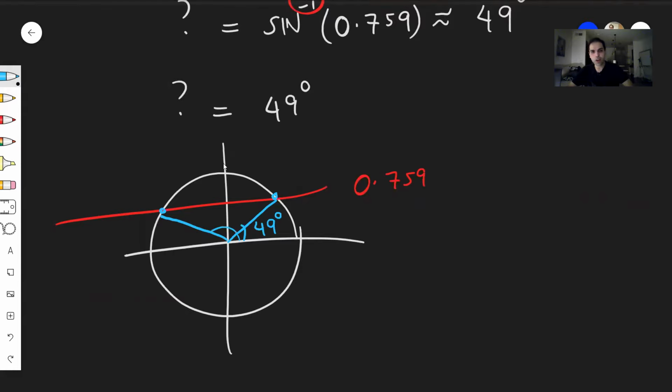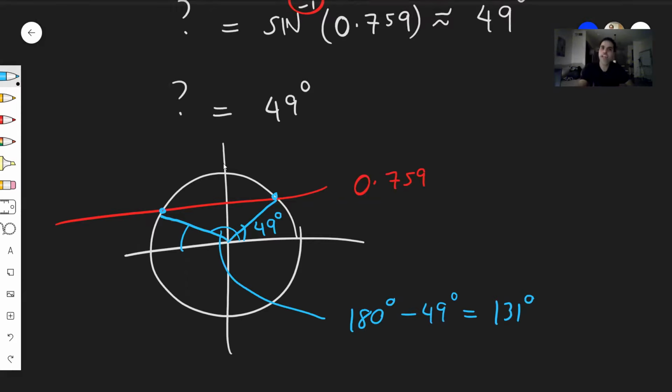Well, notice it's 180 degrees minus this angle. So really to get this angle here, all it is just 180 degrees, which is the half circle, minus 49, which becomes 131 degrees.